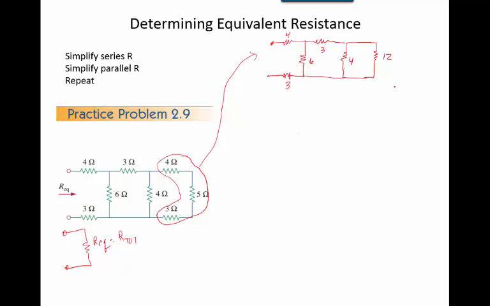I'm still working from the right to the left here. I see that these two guys are in parallel. 4, and then we write like this, 4 is in parallel with 12. It's only two resistors, so I can say it's this times this over this plus this. That little shortcut I just told you about.